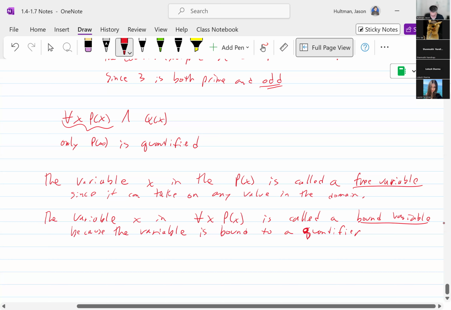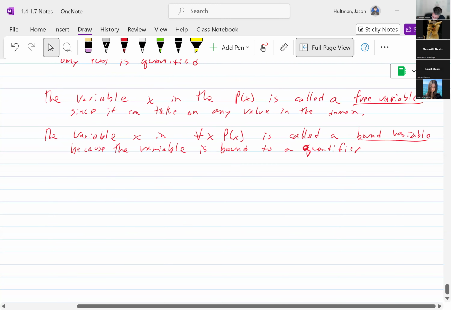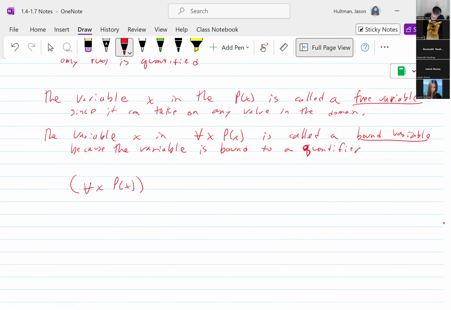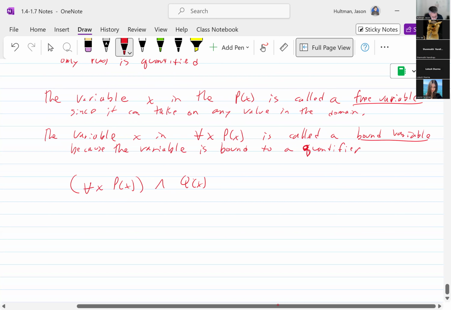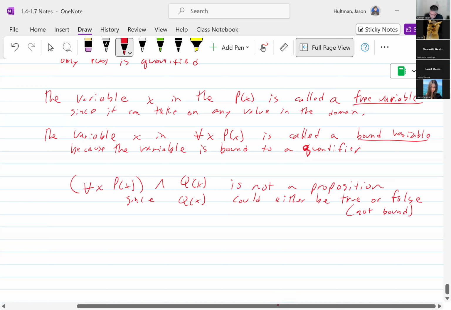Okay, for all x, p of x and q of x is not a proposition, since q of x could either be true or false. Not bound. So it's not a proposition.